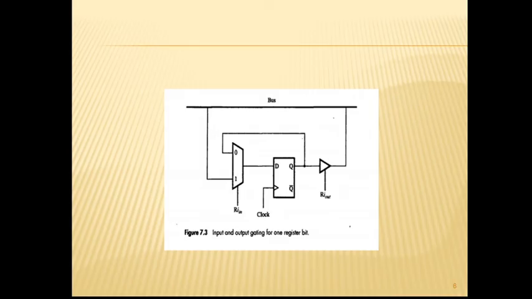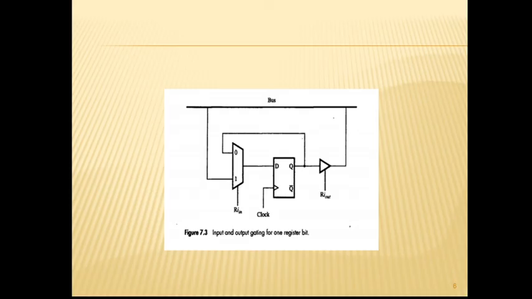When the control input Ri in is equal to 1, the multiplexer selects the data on the bus, and this data will be loaded into the flip flop at the rising edge of the clock. When Ri in is equal to 0, the multiplexer feeds back the value that is currently stored in the flip flop.